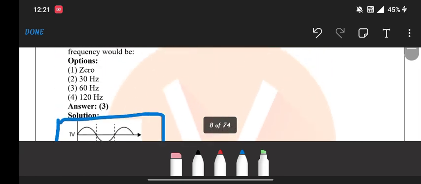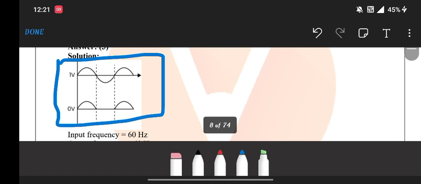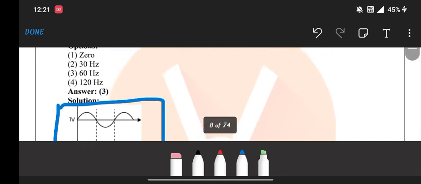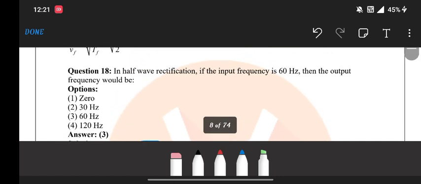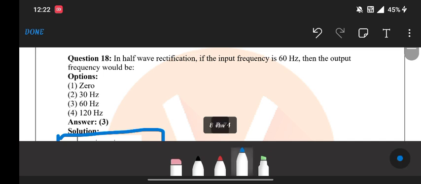So by seeing this, we can say that the frequency will be 60 hertz. So in half wave rectification, if the input frequency is 60 hertz, then the output frequency would also be 60 hertz. The input and output frequency will be the same in half wave rectification. So option C or option 3 is the correct answer for question number 18.